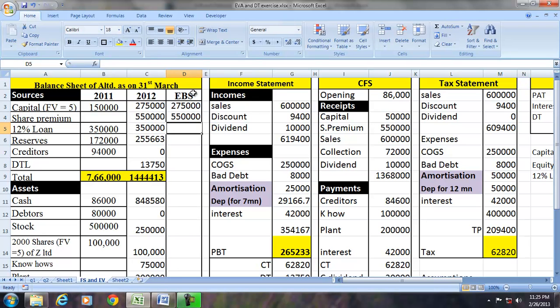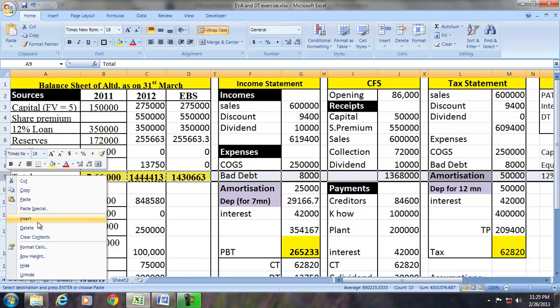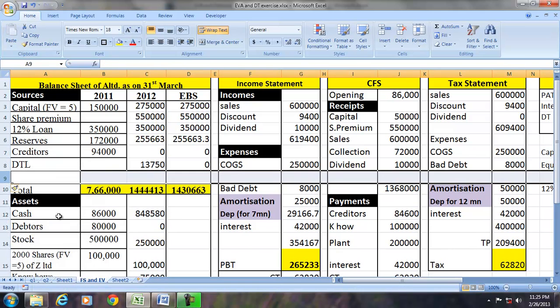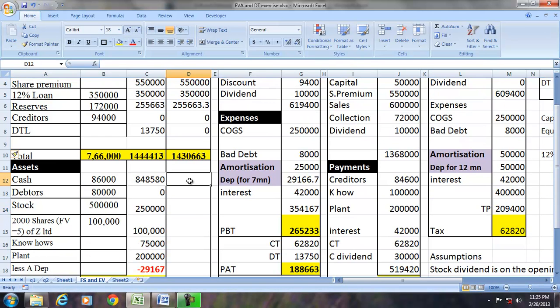So no change in the capital, no change in the share premium, loan is same as accounting, reserves are same, creditors same, but the DTL is not recognized. So as a result, the total of the sources side will be less by DTL. So obviously the balance sheet will not tally, and we have to make an adjustment for that.